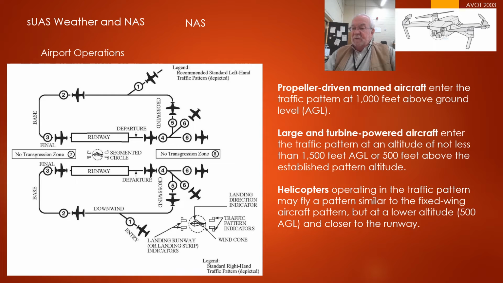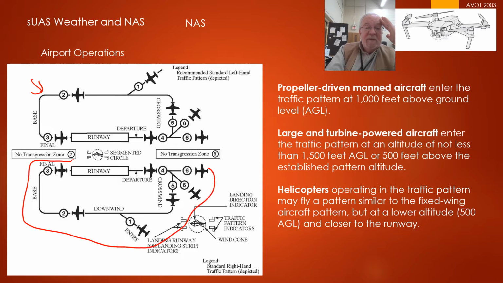This is a good example of an airport with more than one traffic pattern. Or we can take it a different way and say this might be an example of a traffic pattern that has right traffic. Left-hand, this side here, is standard. But there are some airports that request that you make right-hand patterns. If the chart says RP and a runway number, then you would know that for that runway you'd make a right-hand pattern.